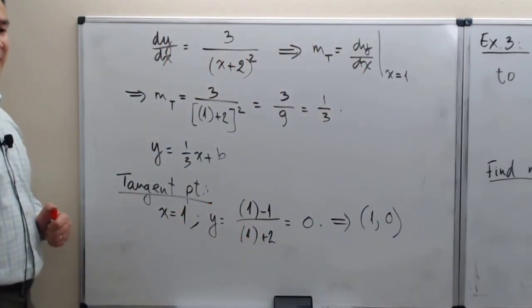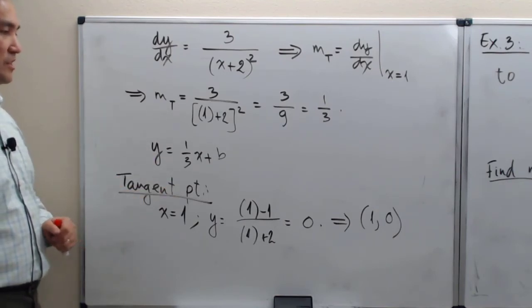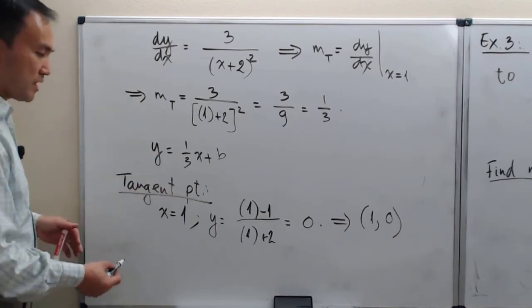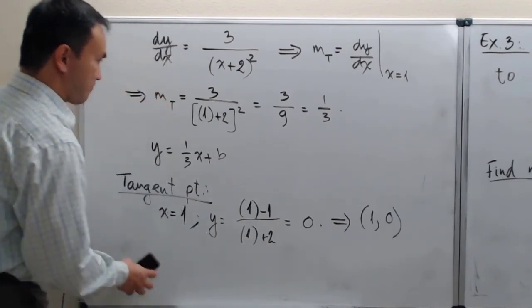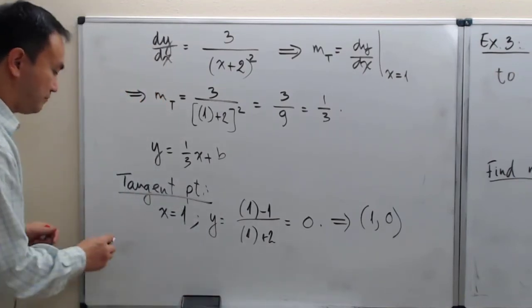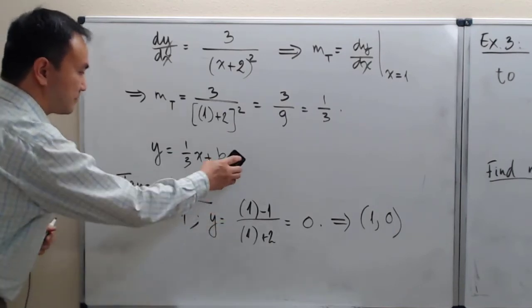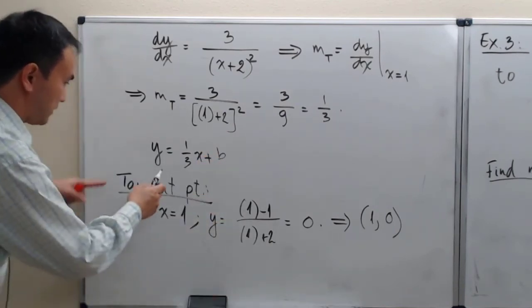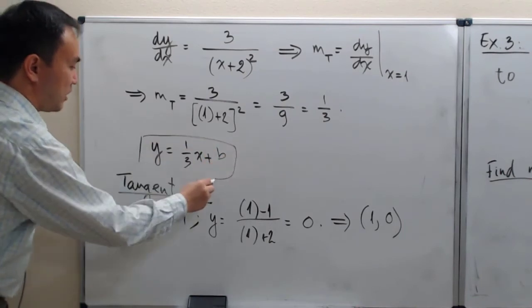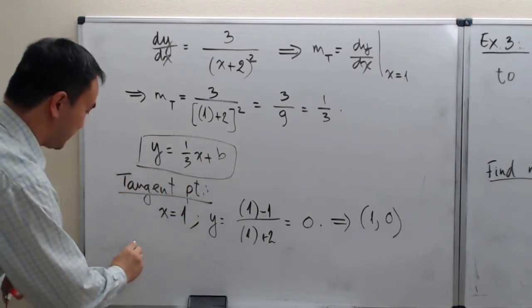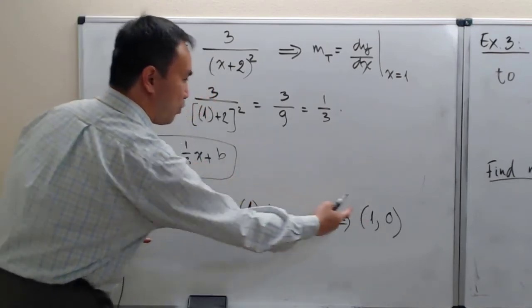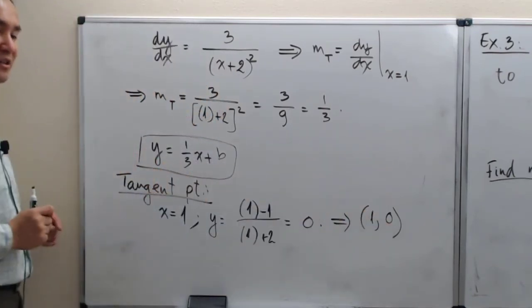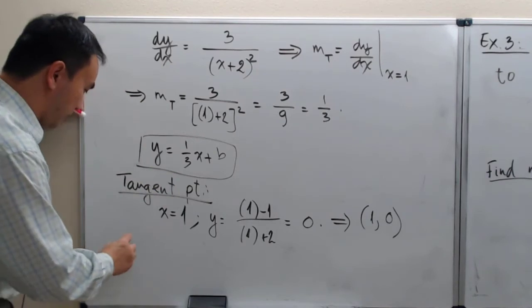Okay, and so now we got the tangent point ready. So the rest of the work is now clear. With our halfway done equation at this point right here, we can go ahead and substitute our tangent point x for x, y for y into our currently halfway found equation of the tangent line.